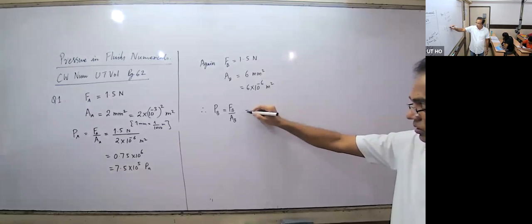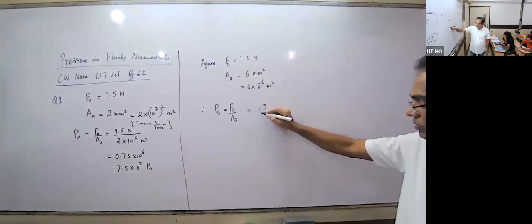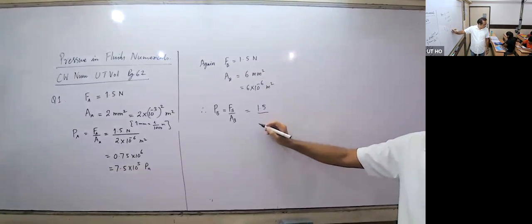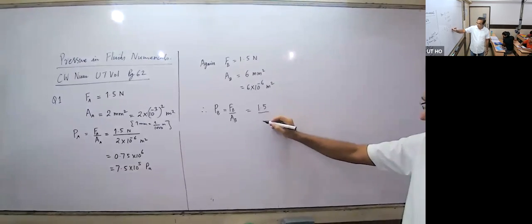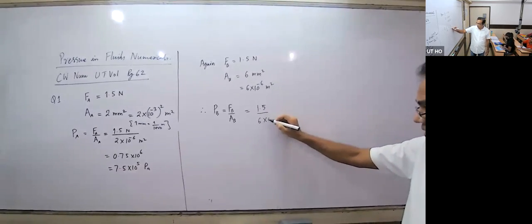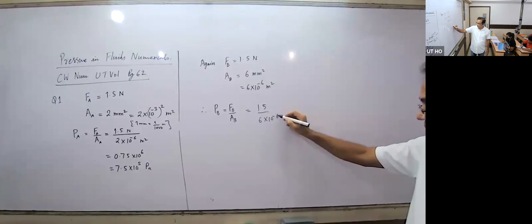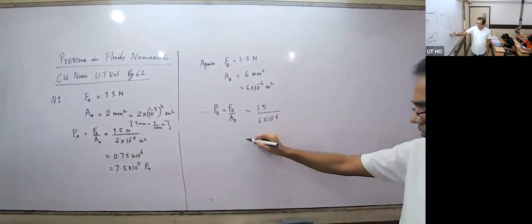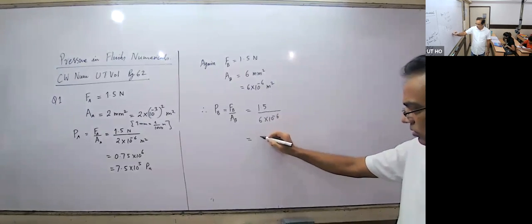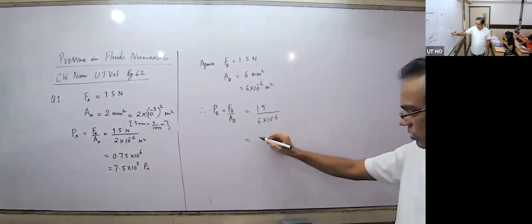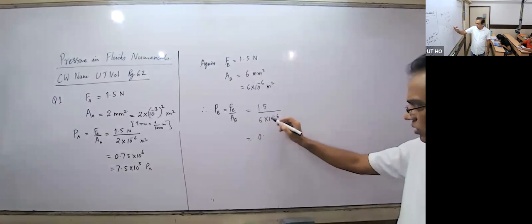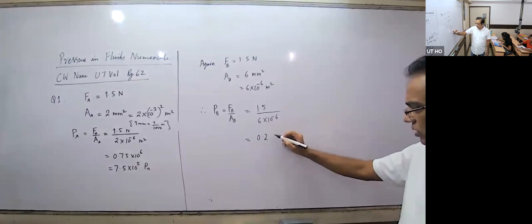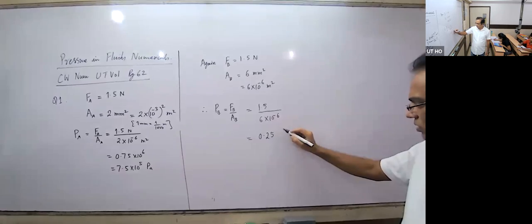So what is it? This will be 1.5 over 6 into 10 raised to minus 6. So what will it be now? How much would this be? 0.25. 6 twos are 12, 6 fives are 30, right?